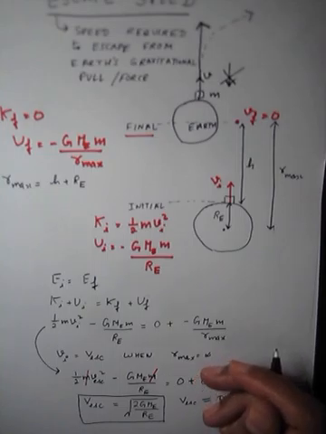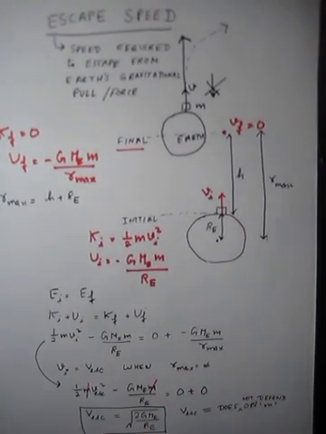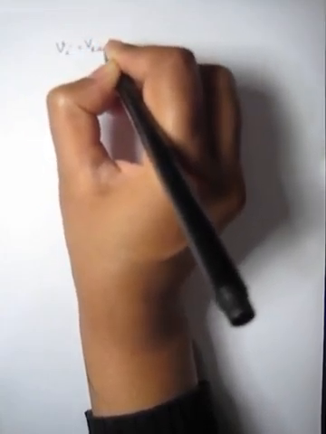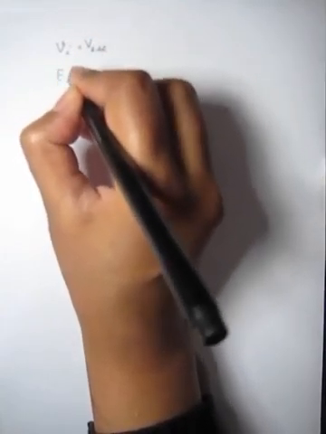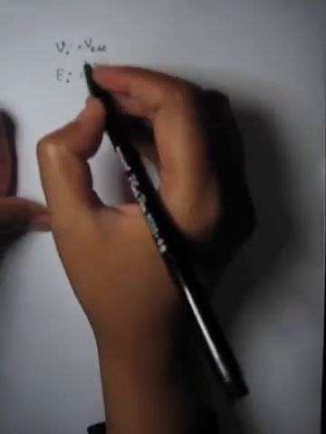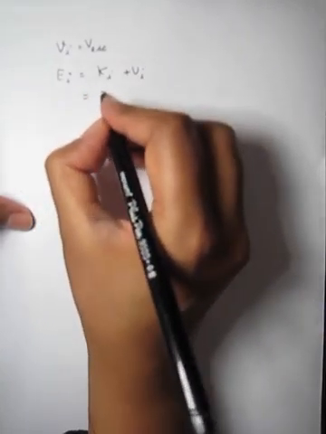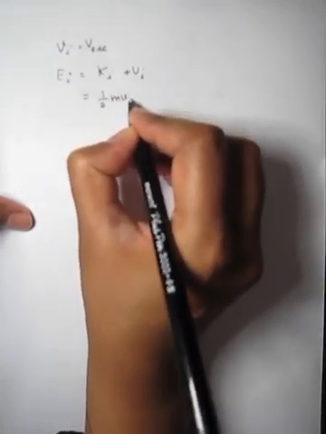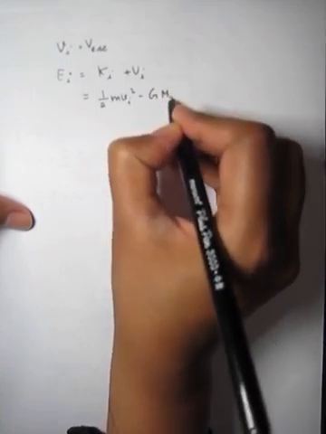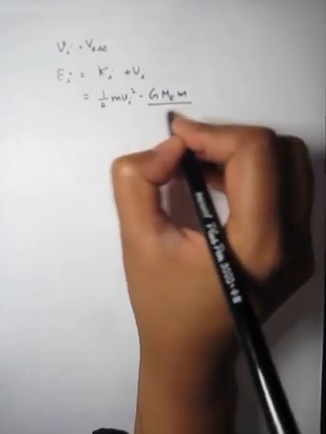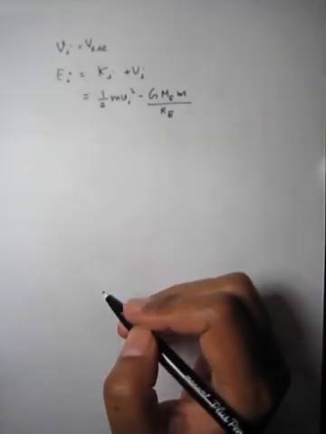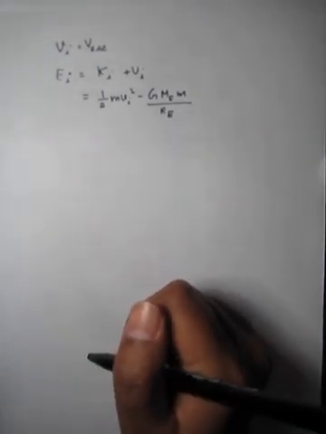So now let's try to analyze this relation. When v_i is equal to v_escape, let's try to find out the initial energy. Initial energy we know is K_i plus U_i, which is equal to 1/2 m v_i squared minus G M_E m upon R_E.